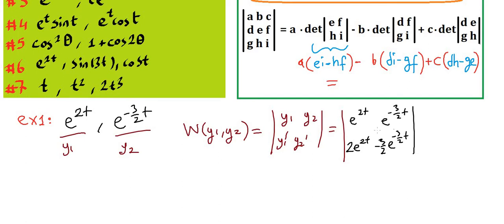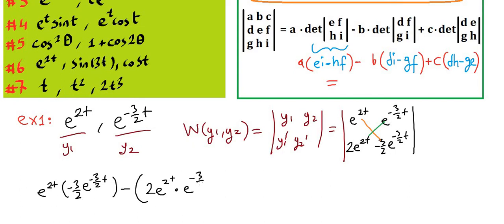And our determinant will be given by the multiplication of these two entries minus these two entries. So e to the 2t times negative 3 over 2 e to the negative 3 over 2 t minus 2e to the 2t times e to the negative 3 over 2 t.